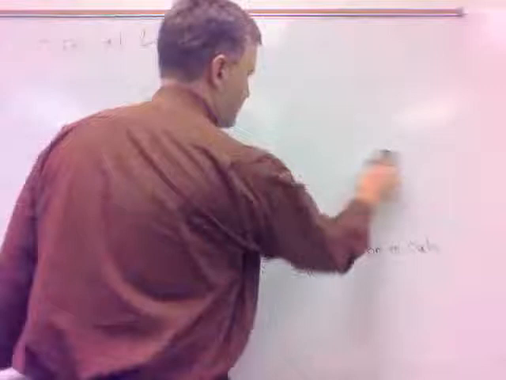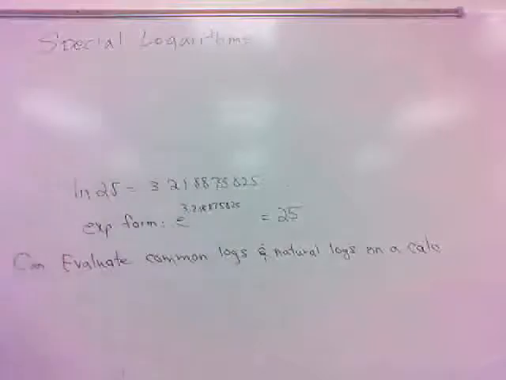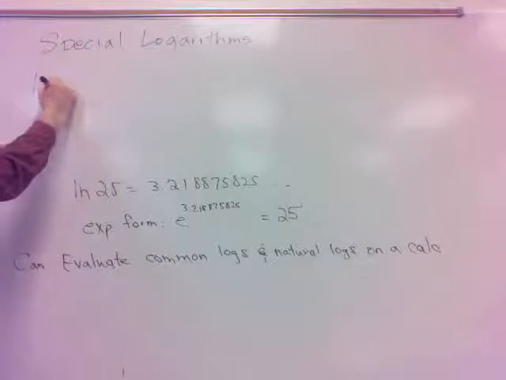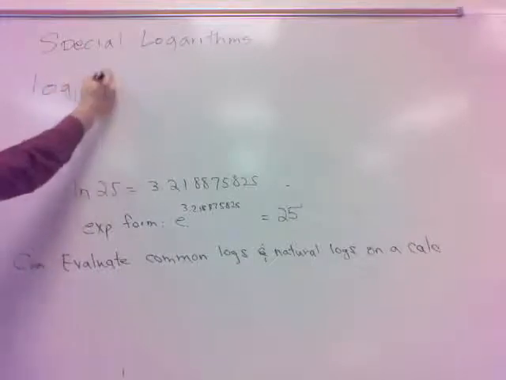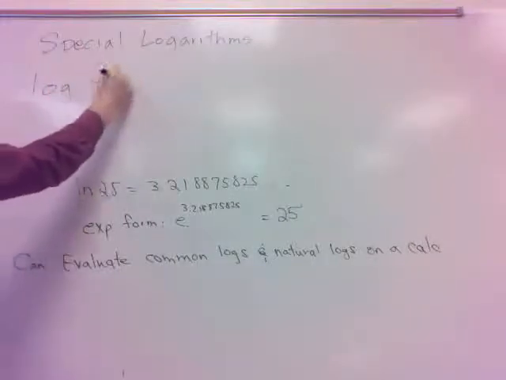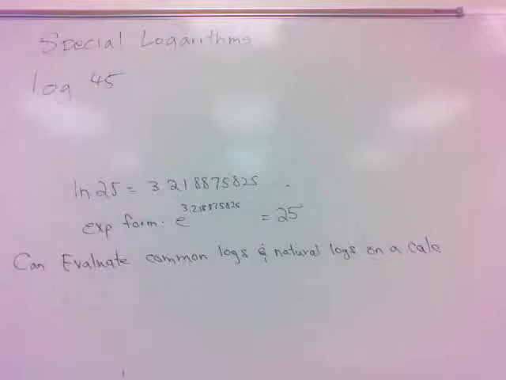So we don't have the problem. A while ago we said the log base 2 of 30. I don't know what that is, but the common logarithm of 45, that's not going to be a nice number, is it? That's 10 to what power is 45? 10 to the first is 10. 10 squared is 100.